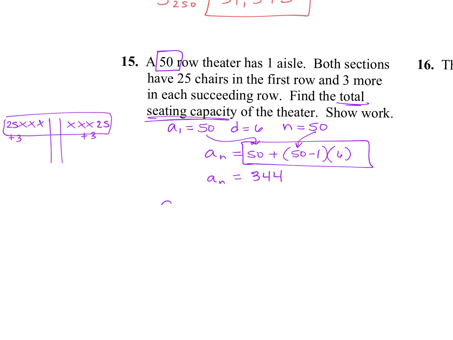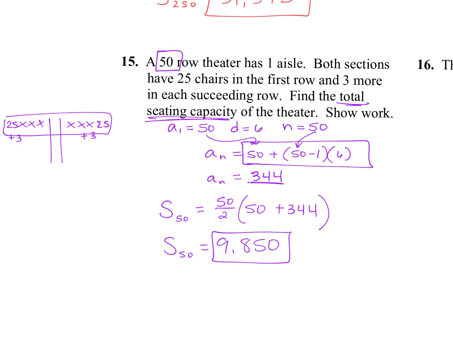So we're going to use our sum formula. The sum of the 50 rows is going to be n divided by 2, so 50 divided by 2 times our first term, 50, plus our last term, which we just found, 344. Plug that into your calculator, you get a sum then of 9,850.